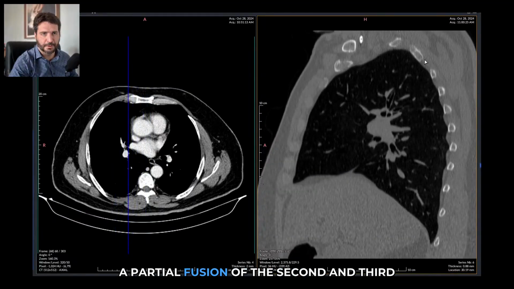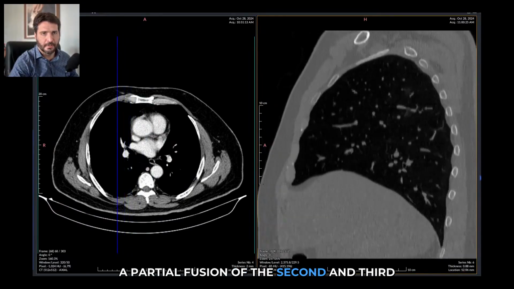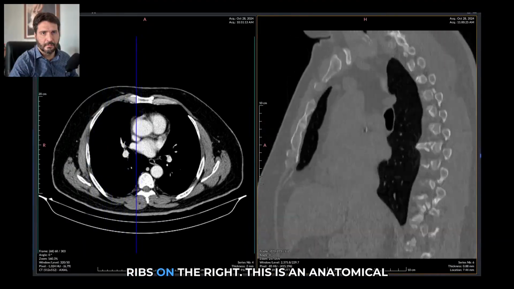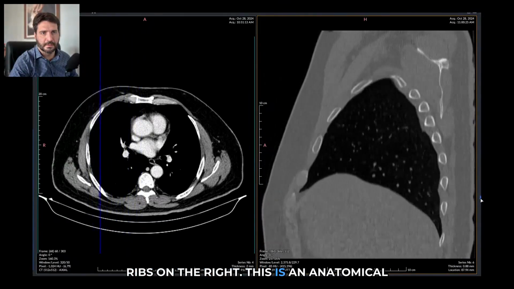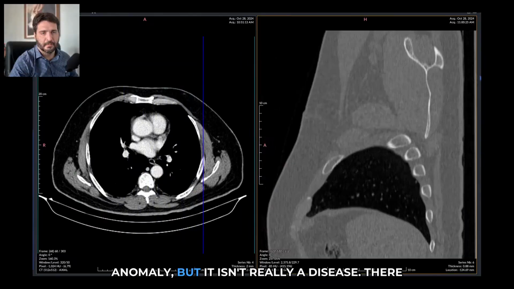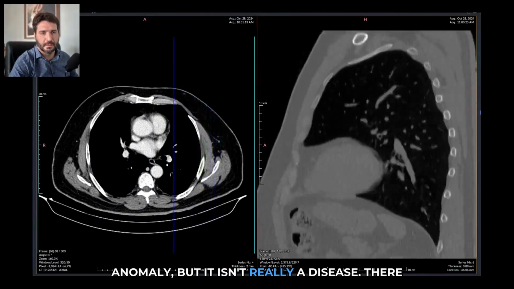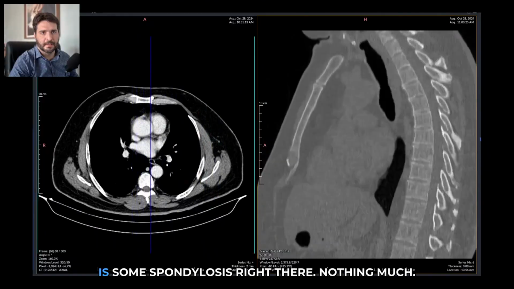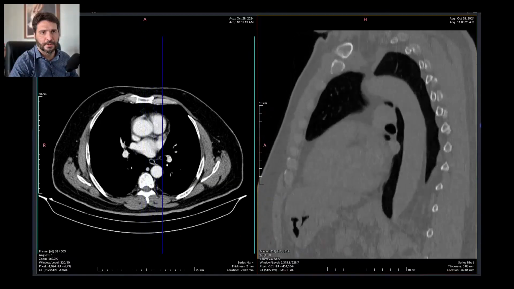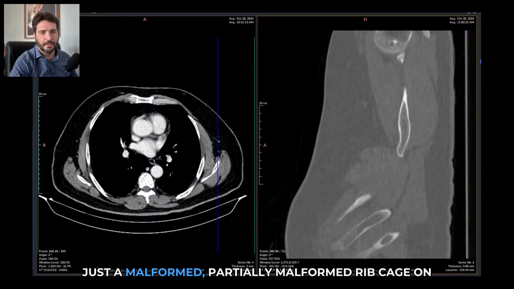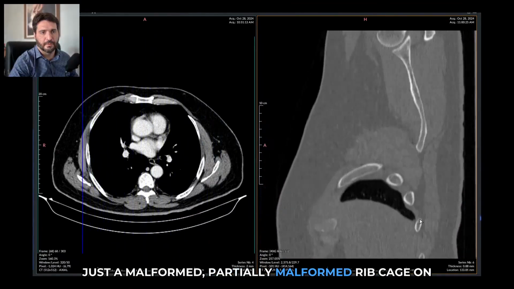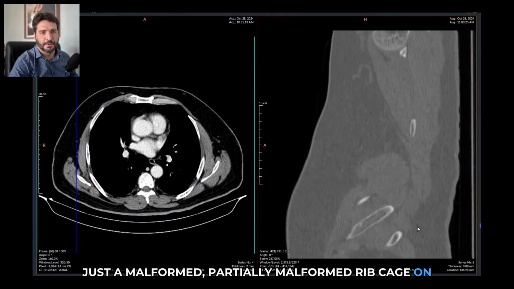This patient has a partial fusion of the second and third ribs on the right. This is an anatomical anomaly, but it isn't really a disease. There is some spondylosis right there, nothing much, just a partially malformed rib cage on the right.